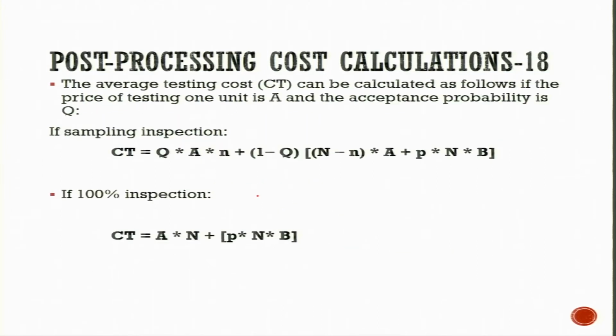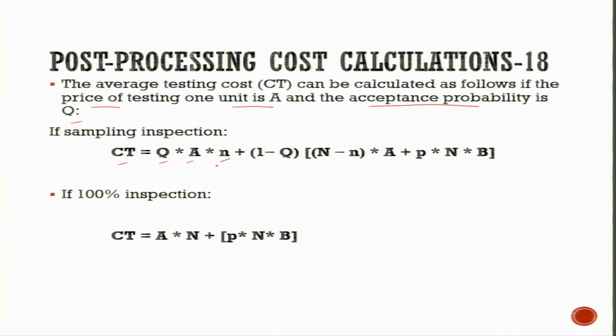Next comes the testing cost. The average testing cost can be calculated as the following, where the price of testing for one unit is A and the acceptance probability is Q. So the cost of the testing would be Q into A into the sample size. Sometimes we do the sampling inspection or testing, sometimes we do the census inspection. Census means all the components, the capital N, all the components are taken into account.